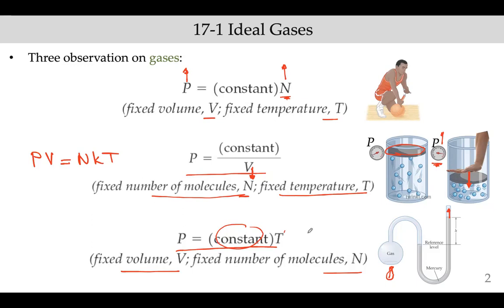But historically, these were the observations. The point here is, you can make an experiment, and from the experiment, you can find the relation between the variables. These are all thermodynamic variables: pressure, temperature.